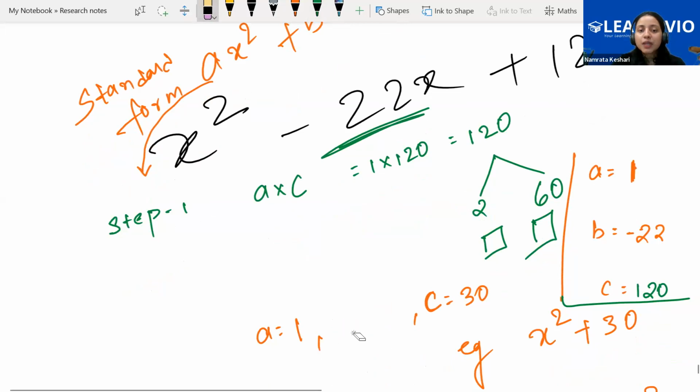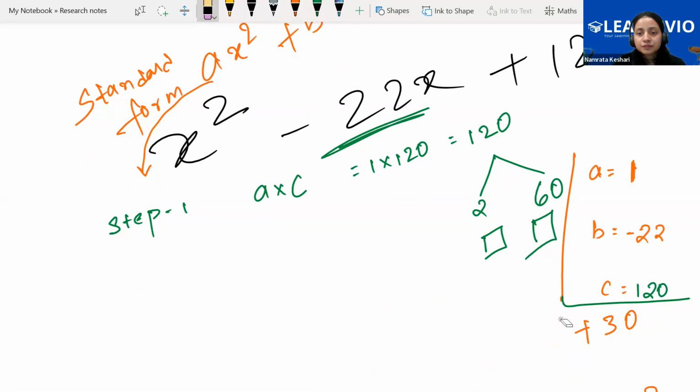Can you tell me another possibility, Furqan? Which two numbers multiplied together can generate 120? Whatever is coming to your mind, just keep telling me. I will write all the possibilities, then one by one we will check which one works. You said 11? 11 into which number will generate 120?